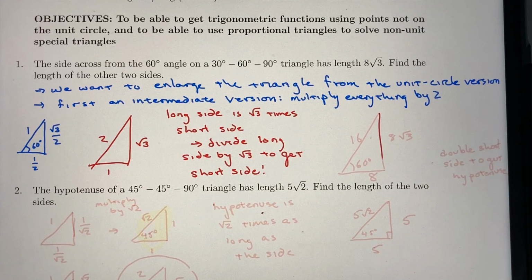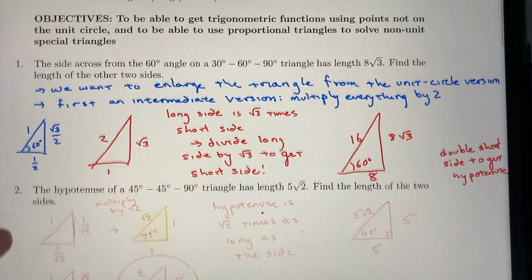So if my big triangle is, the side across from the 60 degrees is 8√3, divide by √3, and the short side is 8, and then you double that to get the hypotenuse. So that's 60. There we go.